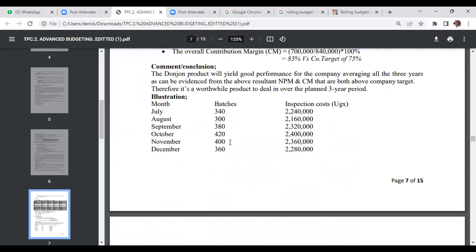Okay. So for high and low, if this is the information, any pair in this thing is all right. Any pair. Although someone may want to consider the entire information and therefore choose the highest, which is here 420, and it goes with its cost, which is 2.4, and then the lowest, which is 300, and its cost.